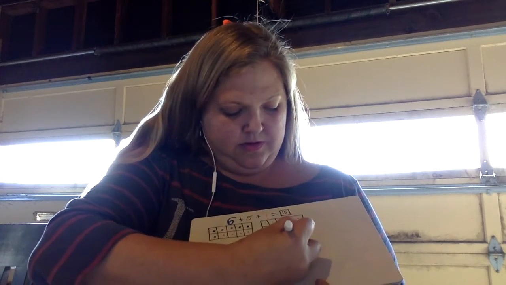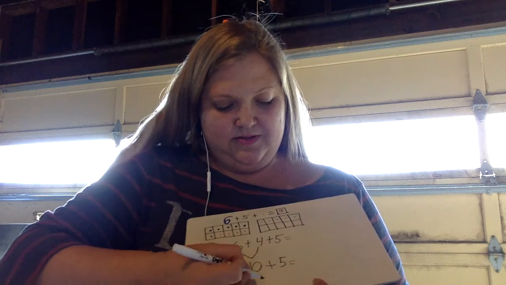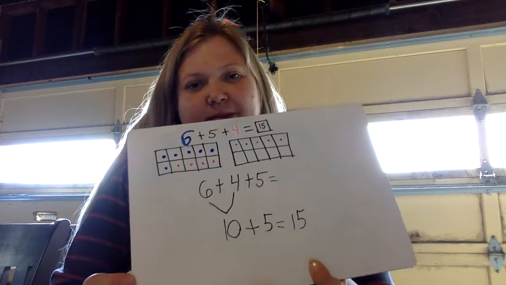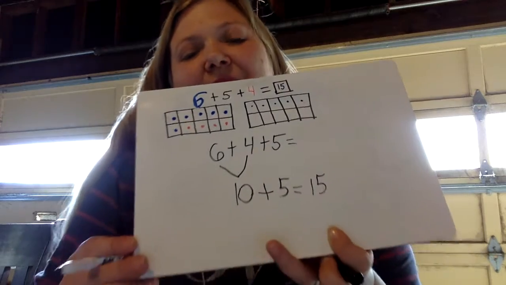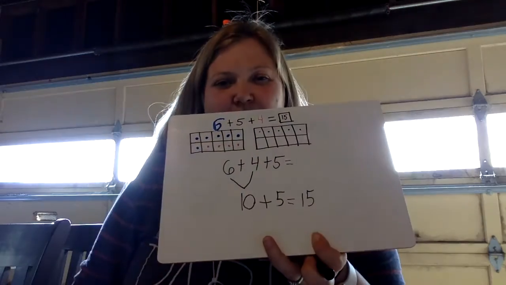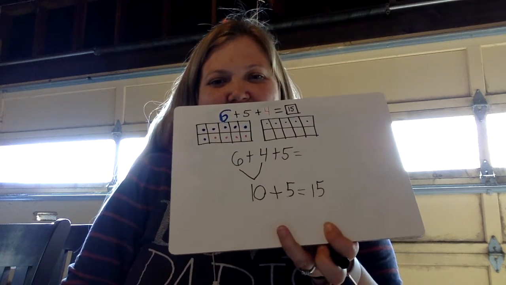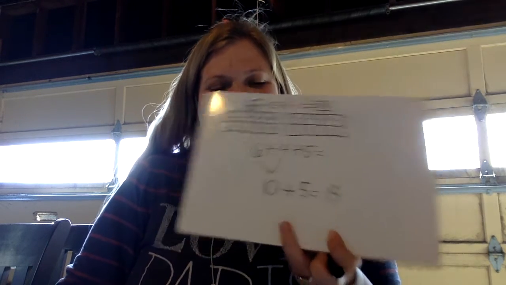Well, that equals 15. Do you see how I took 6 plus 4 plus 5, and my brain thought of it as just 10 plus 5 to make 15? That was my strategy today. What was yours? How did you solve the problem?